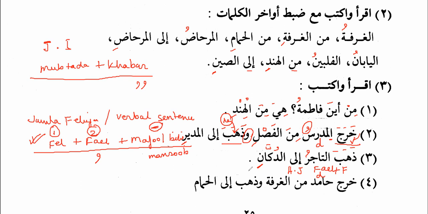He went to the shop. And kharaja Hamidun, we know Hamid is an Arabic name, that's why tanween dhamma. Kharaja Hamidun min al-ghurfati, with the fatha, wa dhahaba ila al-hammami, due to harf jar a kasra. So this is how you're going to put the haraka.